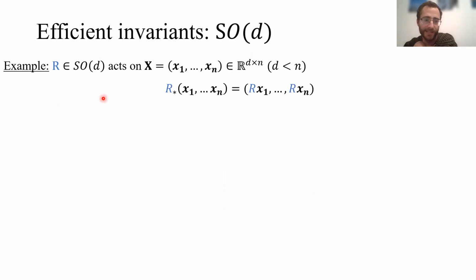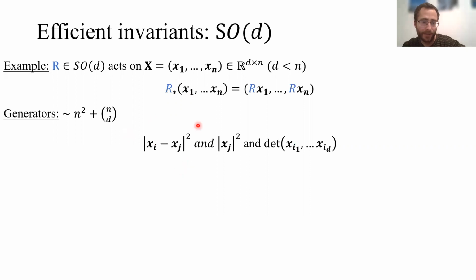So here we have, again, we're talking about point sets, n points in R^d. The action is rotating with a matrix which is orthogonal with determinant 1. And as we mentioned before, there's a very large number of generators.